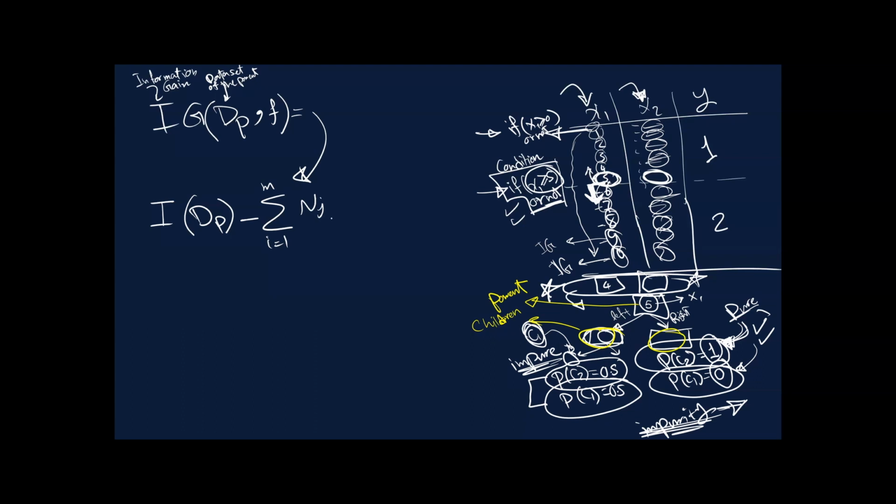So we are basically taking the number of samples that we have in the child over the number of samples of the parent. Just a normalization. This is multiplied by the impurity of the child, a given child. So again, this is a dataset but for a child.